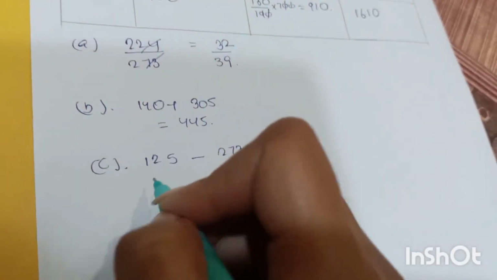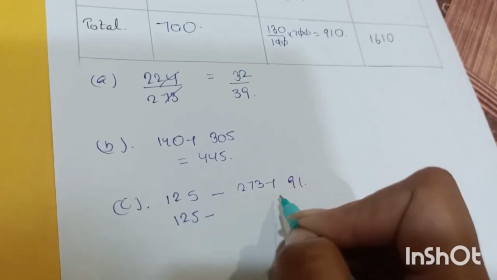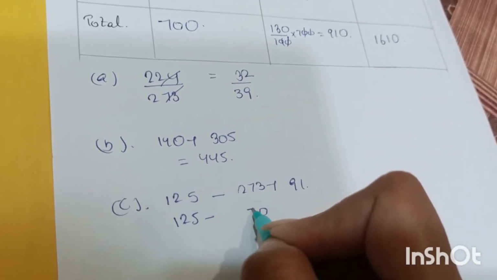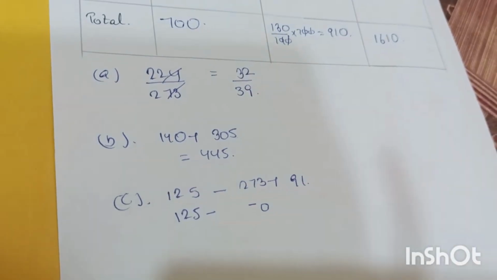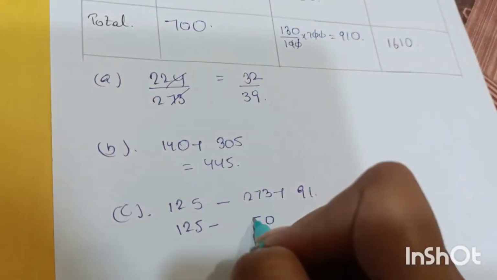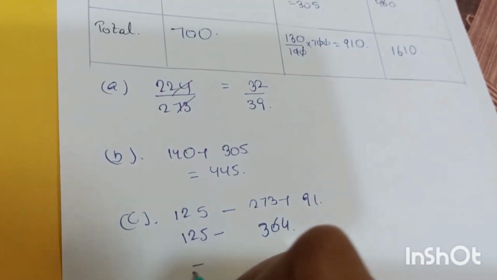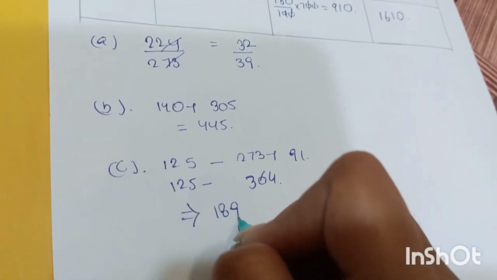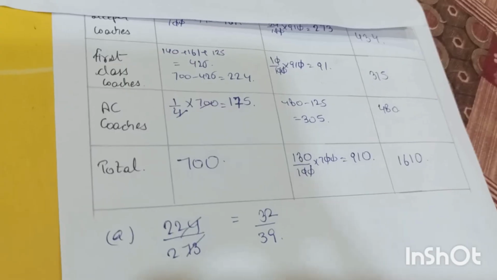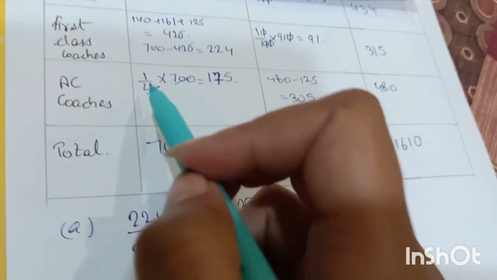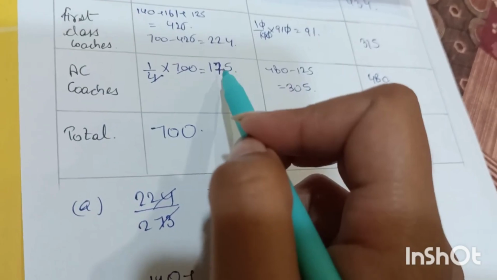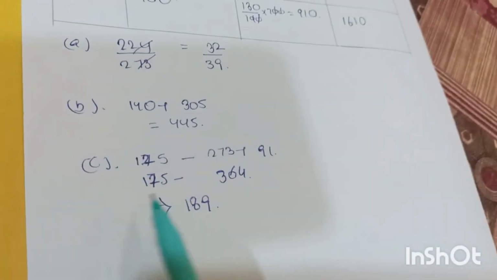When you subtract it, you will get the value as 189. So my bad, the value for AC coach in train A will be 175. So the solution will be like this.